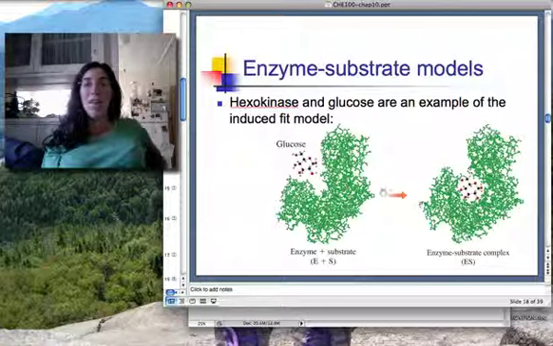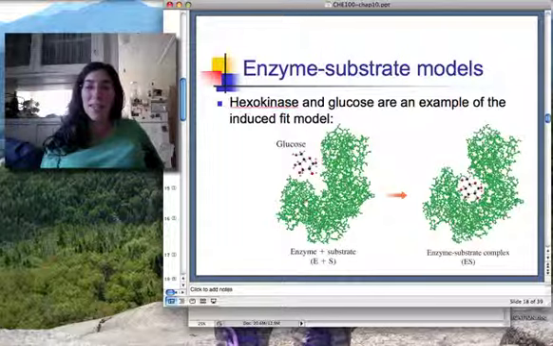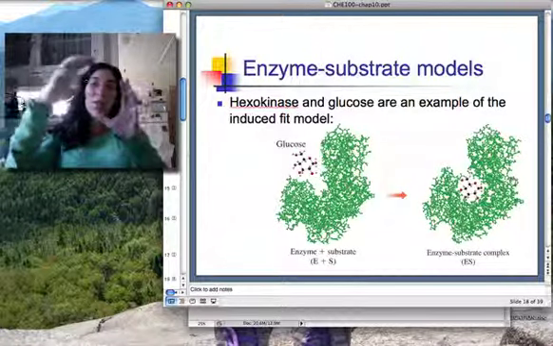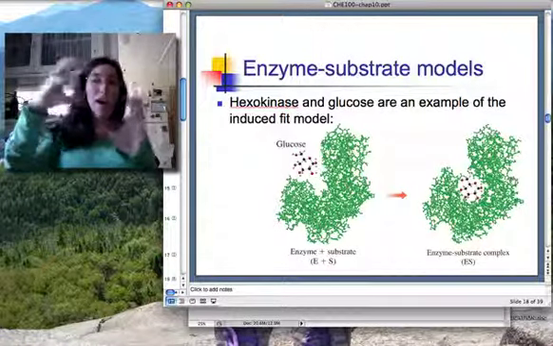Hexokinase, the enzyme that we're focusing on in this chapter, binds the substrate glucose, and it happens to follow the induced fit model. If you look here at the green hexokinase, when the enzyme is on its own versus when it's bound to the substrate, it closes a little and hugs the substrate.